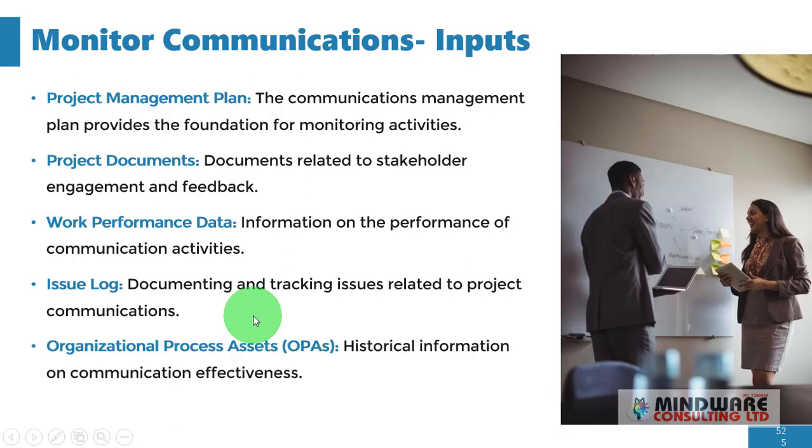Okay, now you also have organizational process assets. These are historical information on communication effectiveness. So in the company archive or the information storehouse of the performing organization, you should have historical information about how communications have been done in the past with past projects and which method was effective, and how it was done.